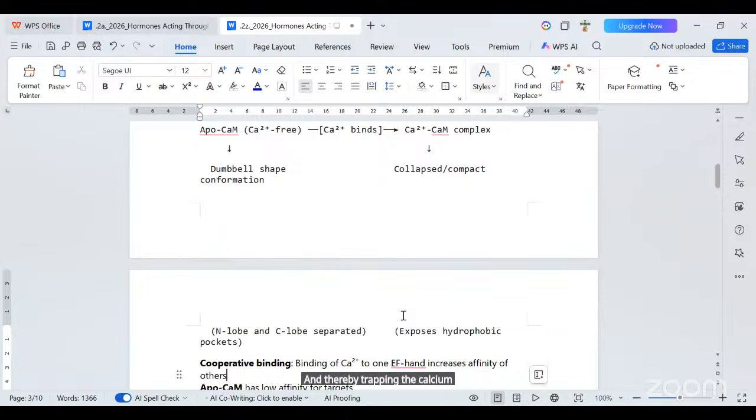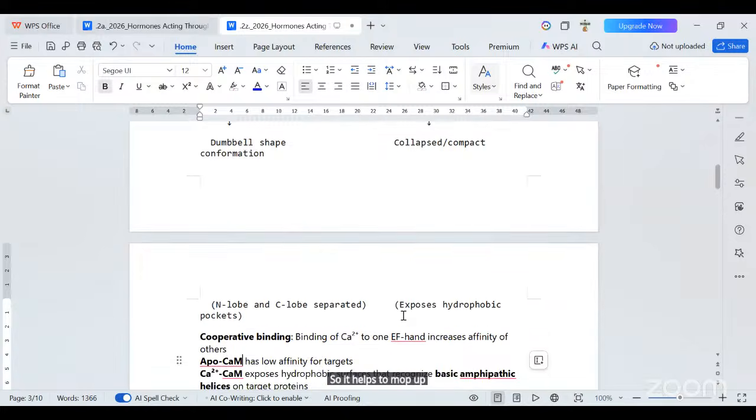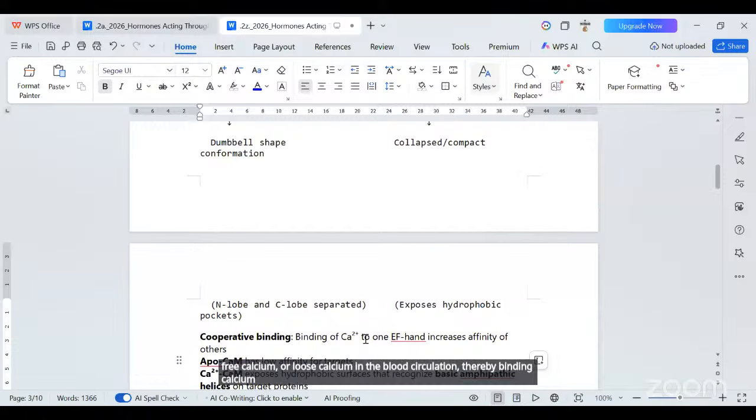So it helps to mop up free or loose calcium in the blood circulation, binding calcium to one of its hands and increasing affinity for others.